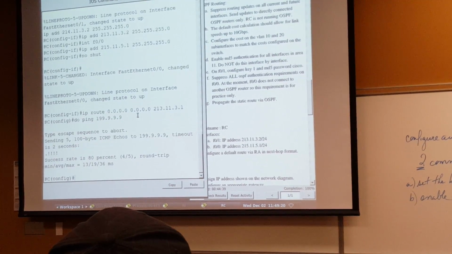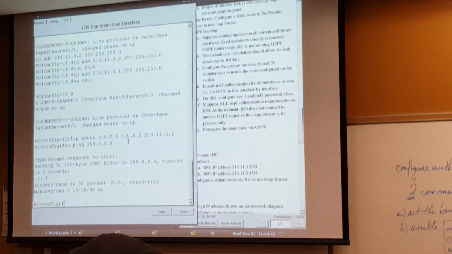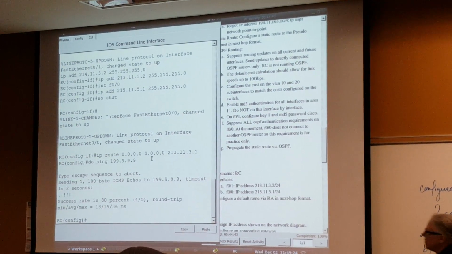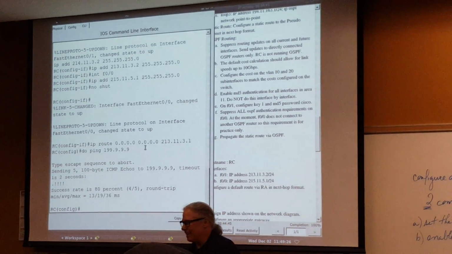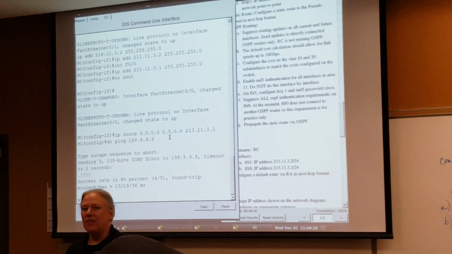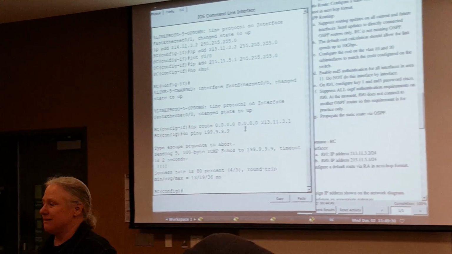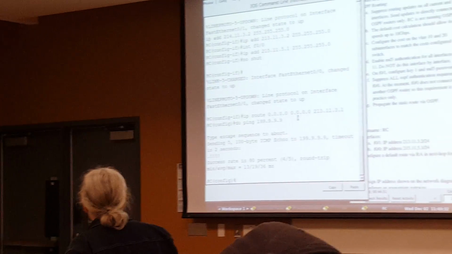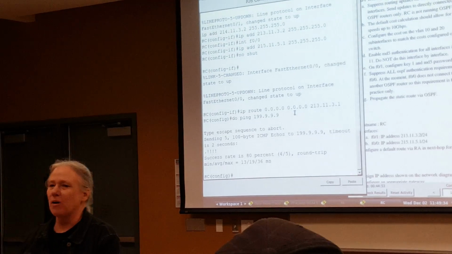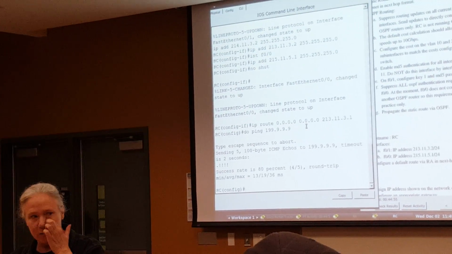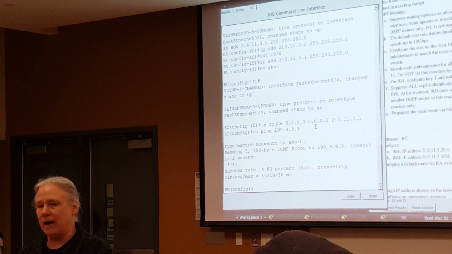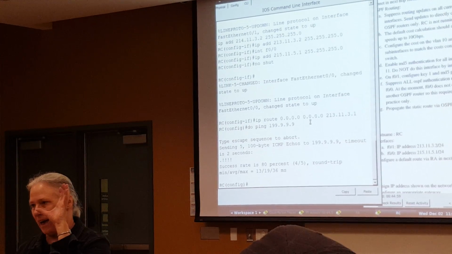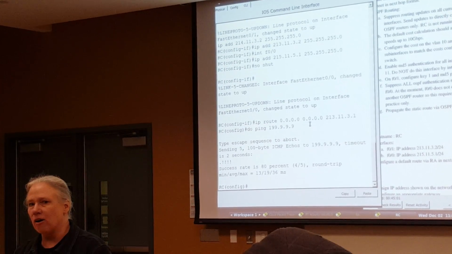Oh my God. Well, there's two problems. I'm absolutely shocked. Number one, that I didn't make any mistakes, but number two, that there is a problem with Packet Tracer and multi-area OSPF.